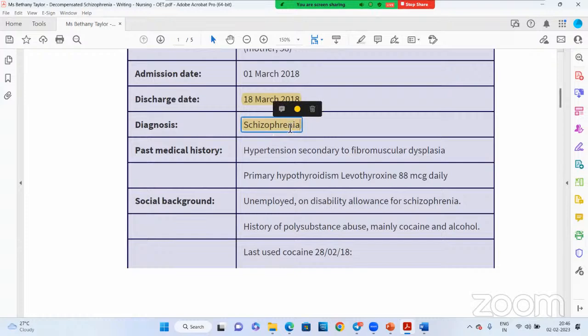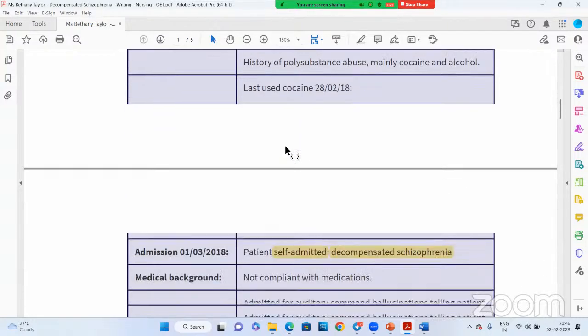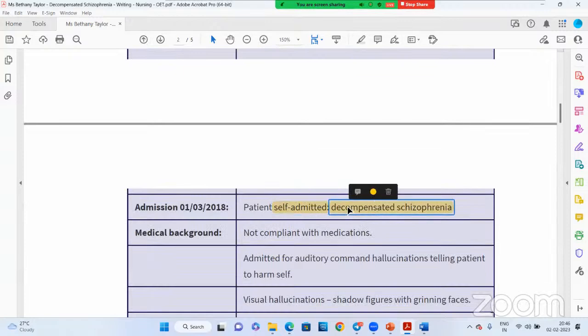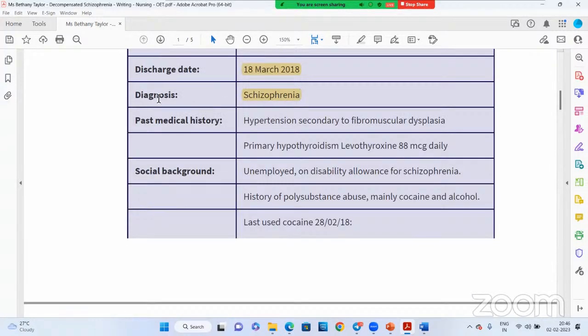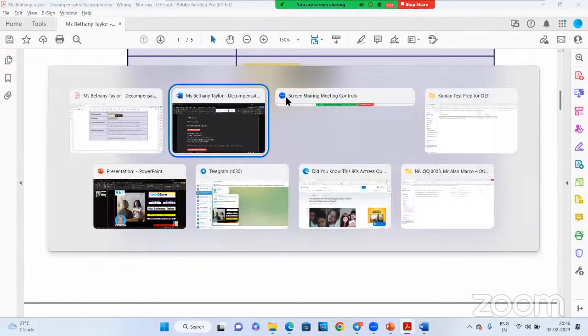Okay, but that condition worsened now. So that's why admitted with the decompensated schizophrenia. So you don't just write diagnosed with schizophrenia. That is also correct, but for a diagnosed schizophrenia, why should she go to the hospital and get admitted there? Diagnosed is right, no problem. She was diagnosed with schizophrenia, that is true, but not the present condition.